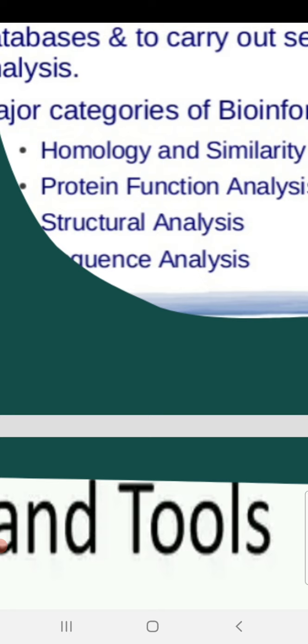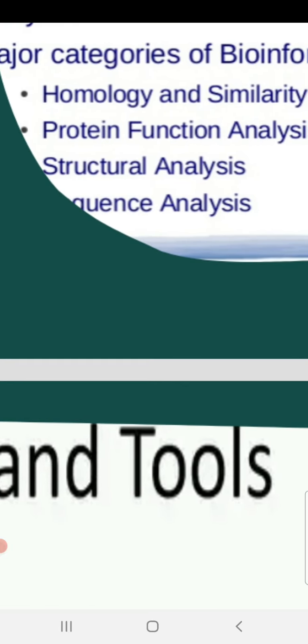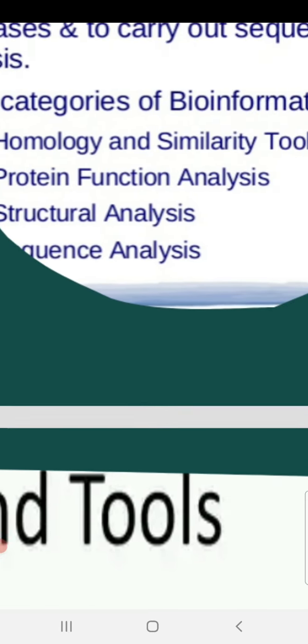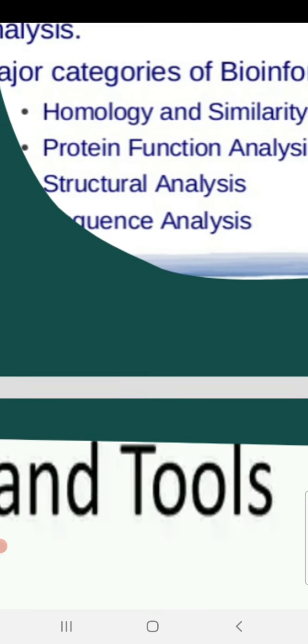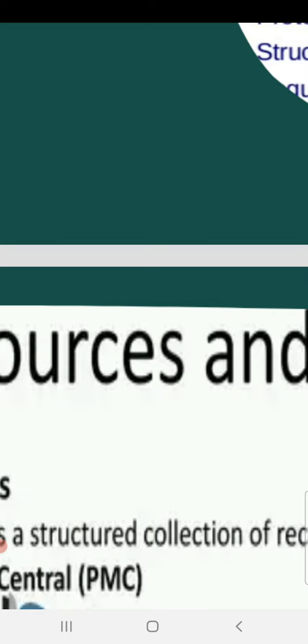It is based on protein function, and which protein is performing a particular function can be analyzed, and the analysis can be done on the basis of structure and sequence.